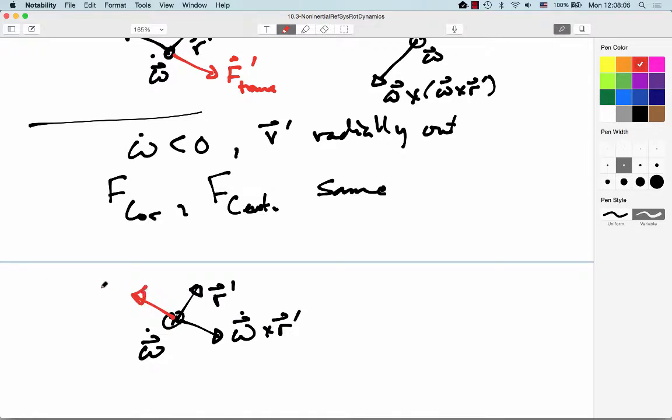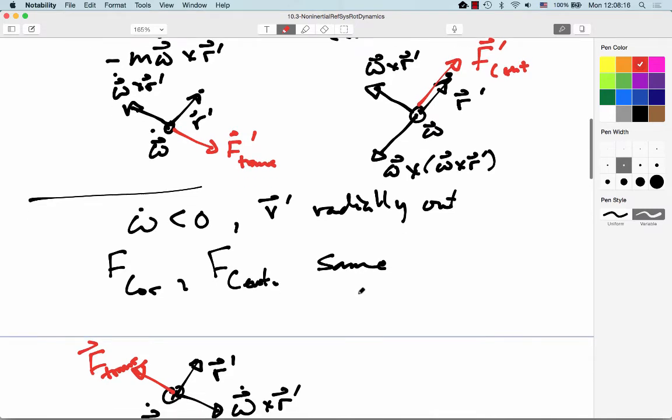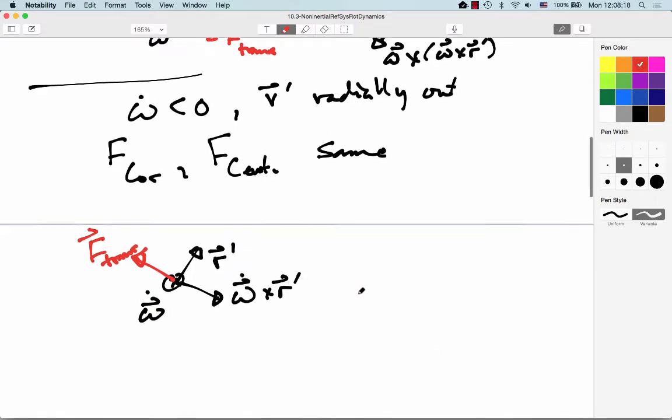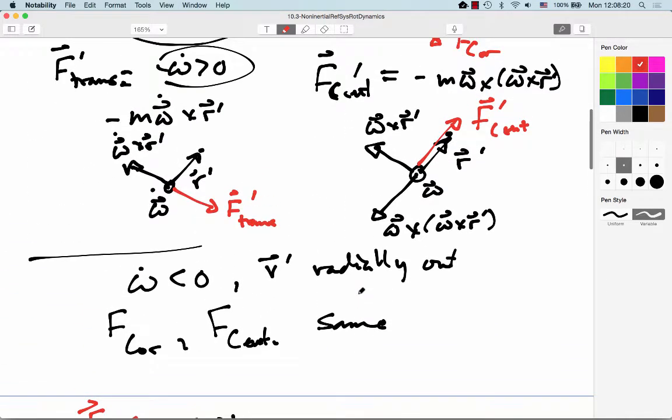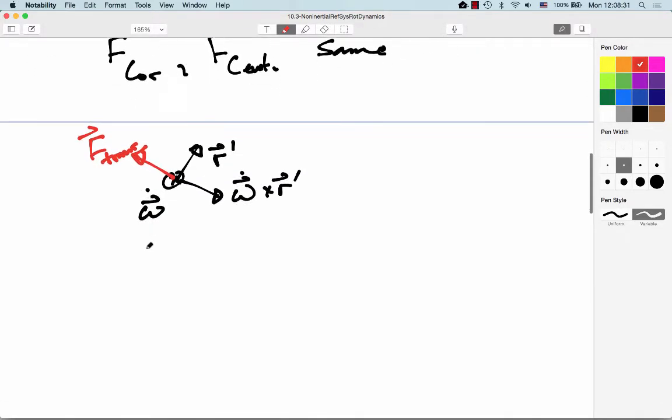So the transverse force now is pointing the opposite way it did before. Before, when we were speeding up, the transverse force is kind of trying to make you go clockwise-y. Now when we're slowing down, it's trying to make you go counterclockwise-y.